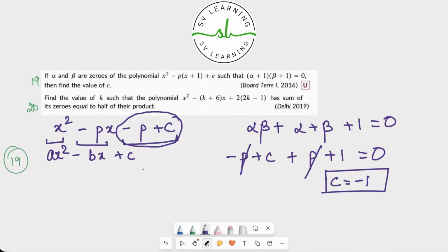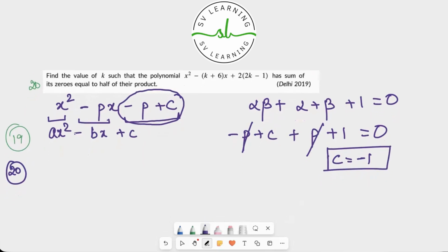Now the last question, question number 20. Find the value of k such that the given polynomial has the sum of zeros equal to half of their product. So condition is alpha plus beta is equal to half of alpha beta. The polynomial is already given in the standard form ax square minus bx plus c.